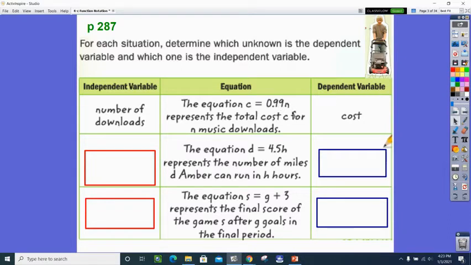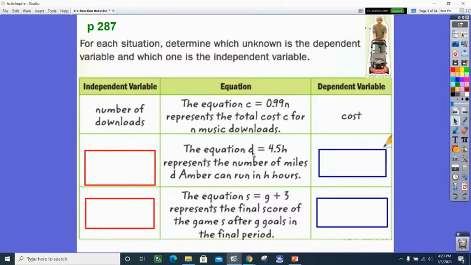So if I only downloaded one song, 99 times 1, my cost would be 99 cents. If I downloaded 2 songs, 2 times 99 cents would be $1.98. So the cost can't happen until you decide how many songs you're going to download. The number of songs you download would be your choice, your independent variable, and the total cost would be the dependent variable, and it waits on your decision.